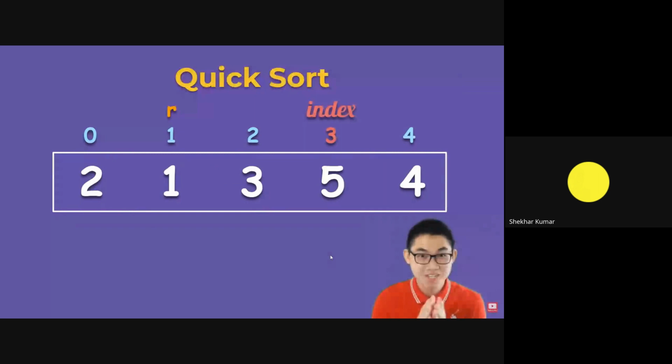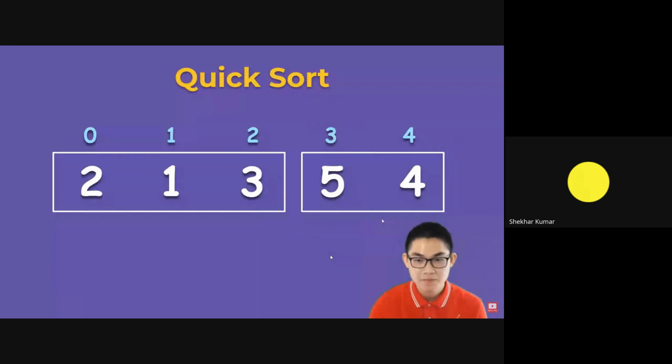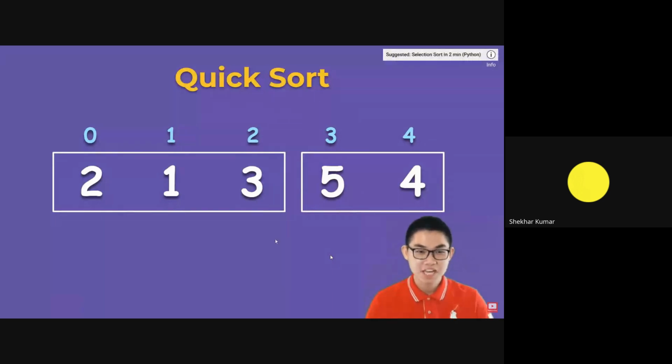Partition the array, right? So from the index to the end of the array will be in its own box, like this, and the other side will also be in its own box. Now, quicksort is recursive in nature. So basically, we repeat quicksort on the left side first and then on the right side. So always on the left side, we put S, which is the start, and then E at the end.